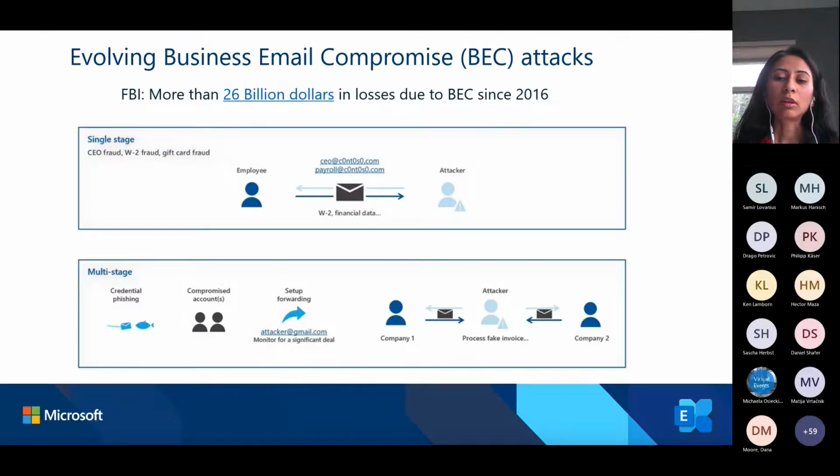And then later, at a point when they see that trust is established, they wait for an opportunity for a significant transaction, and then they intervene using the same techniques such as impersonation or spoofing. And then finally, the attacker modifies the wire transfer and the details of the transaction and leads the victim to process a fake invoice.